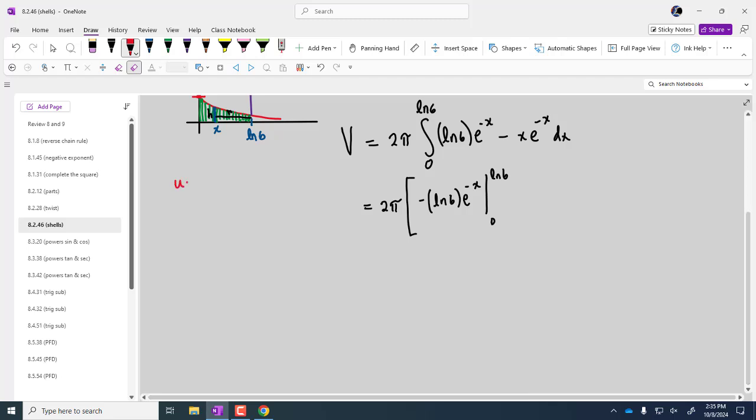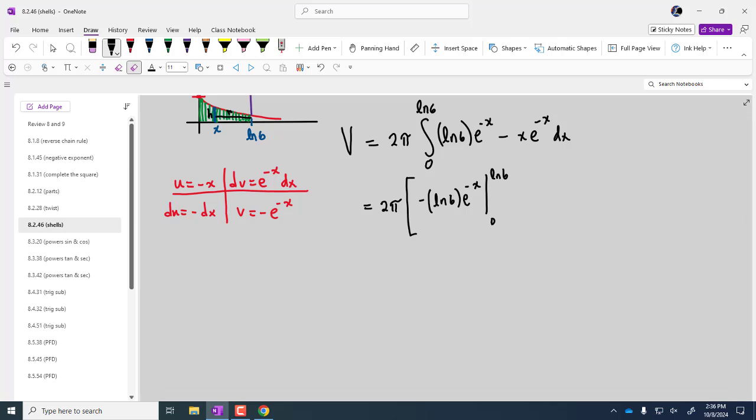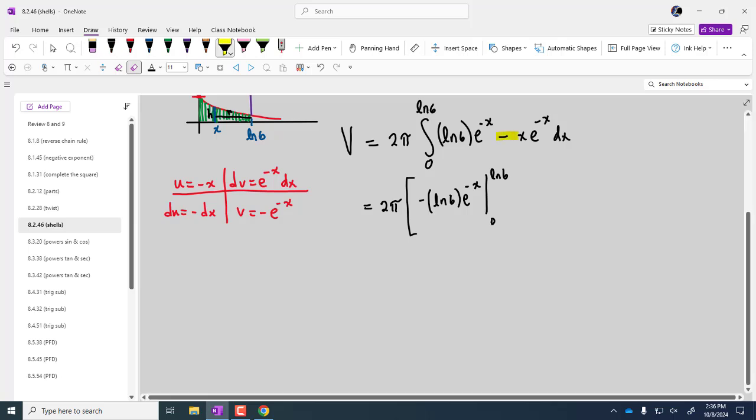We will choose u to be negative x and choose dv to be e to the negative x dx. So du will equal negative dx, and v will equal minus e to the minus x. So we broke it apart, that function and that function.